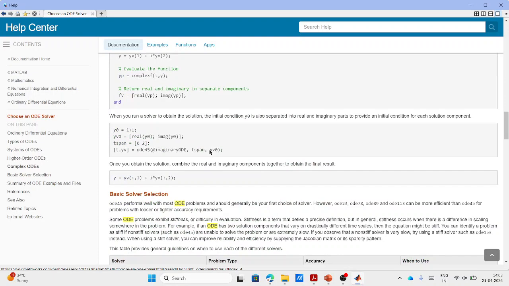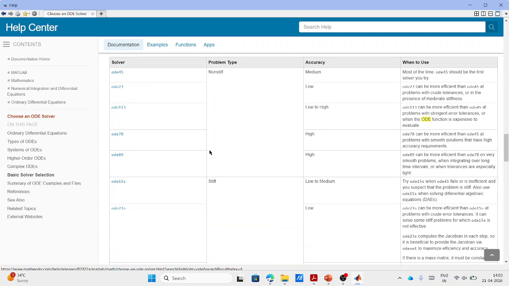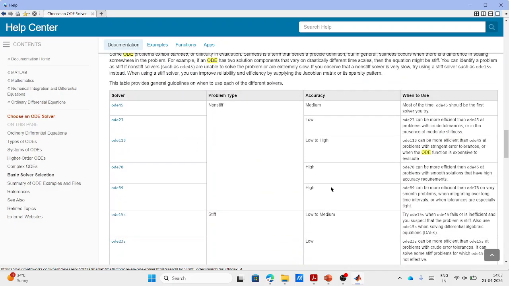Now, further description is given, and here this table is important. What are the various solvers that you have available in MATLAB?